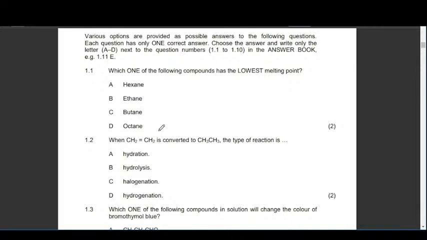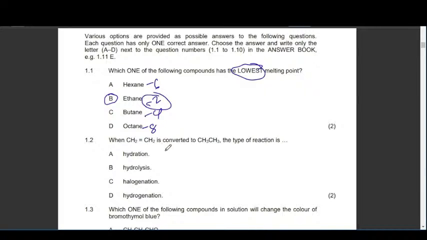This is the key point, the lowest boiling point. Therefore, we look at a compound with a low number of carbon atoms. This one has 6, this one has 2, this one has 4, this one has 8. So it's this one which has the lowest number.